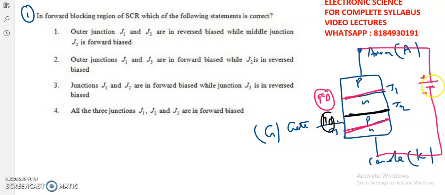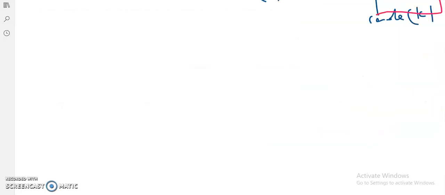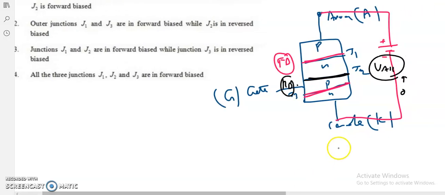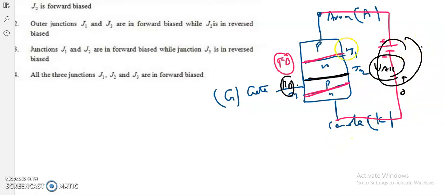Whatever potential difference we apply between the anode and cathode, let's call it V suffix AK. If you keep increasing it gradually, starting from 0, then 0.1, 0.2, 0.3, 0.4 like that, the forward biasing of J1 and J3 increases. Automatically, the depletion layer width of junction 1 and junction 3 decreases, and the depletion layer width at junction J2 increases.